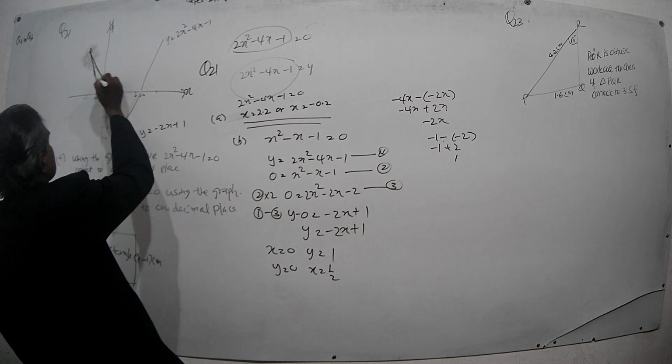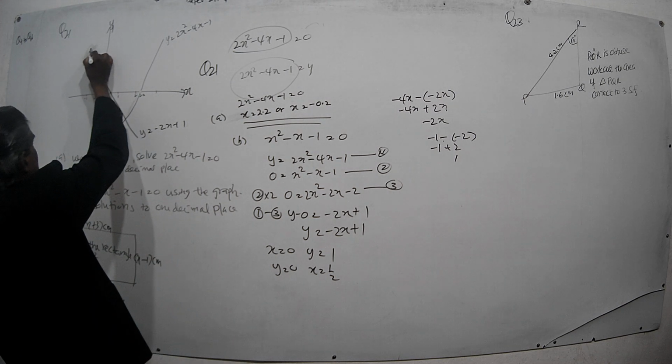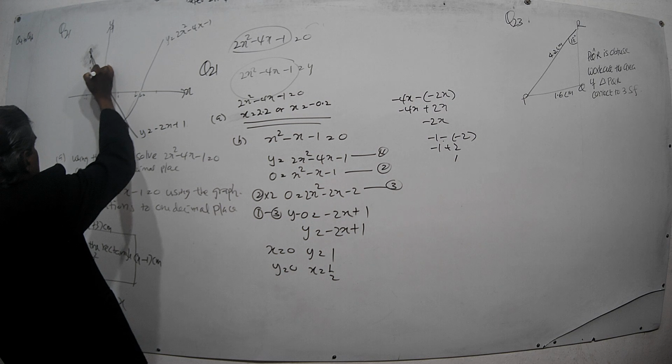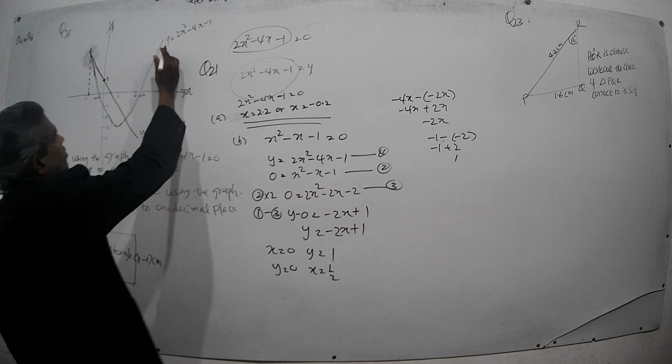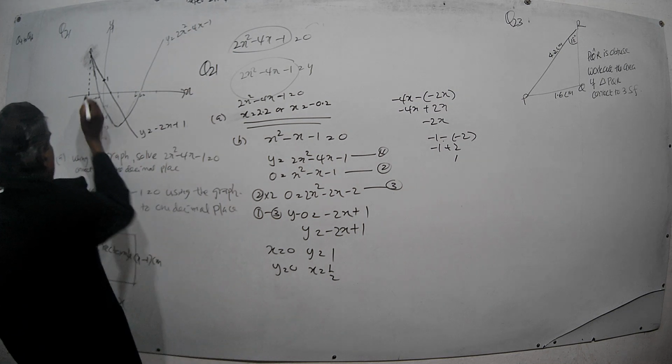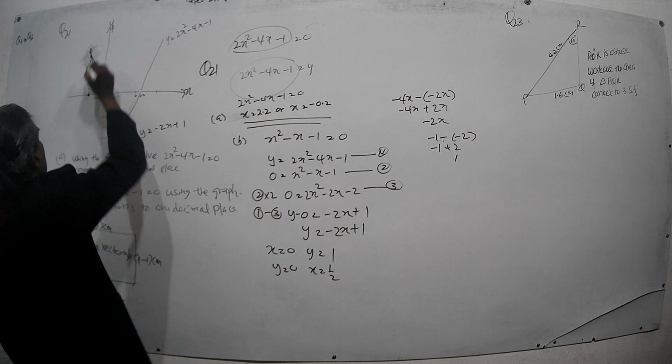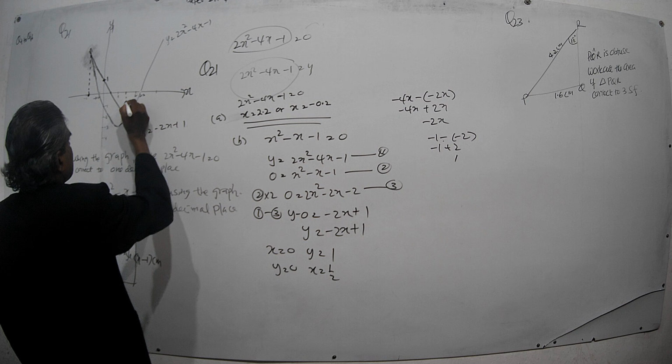Then this straight line cuts the quadratic graph y equals 2x squared minus 2x minus 1 at this point and this point.